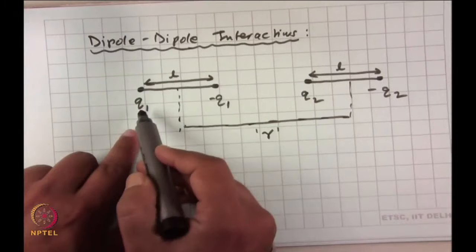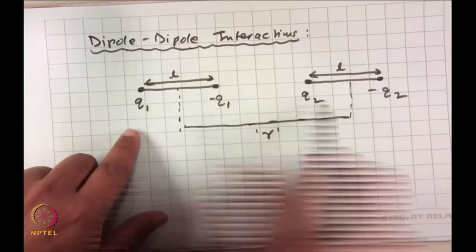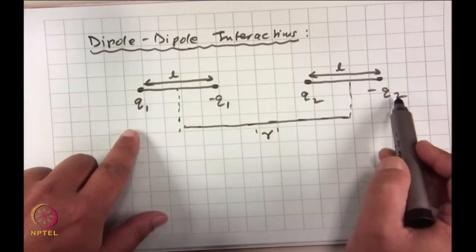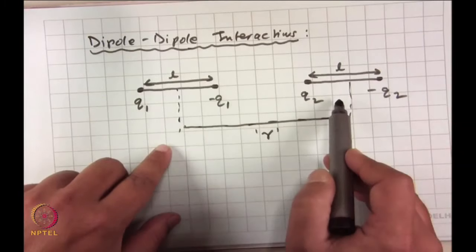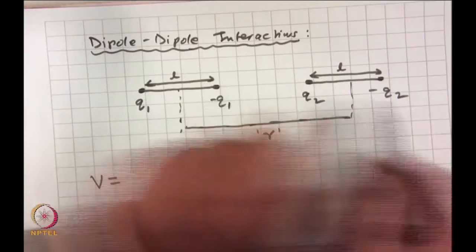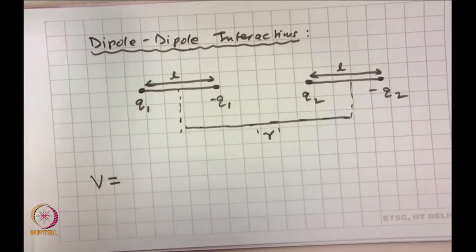You look at one charge, Q1, Q2, this positive end, Q1 minus Q2, then minus Q1 Q2, then minus Q1 minus Q2, that means a total of 4. So you can see what has happened. When you were in a Coulombic interaction, you had only one potential, hence you had 1 by r. When you went to ion dipole, you had 2, so you went to 1 by r square. You see how it is slowly falling in place.